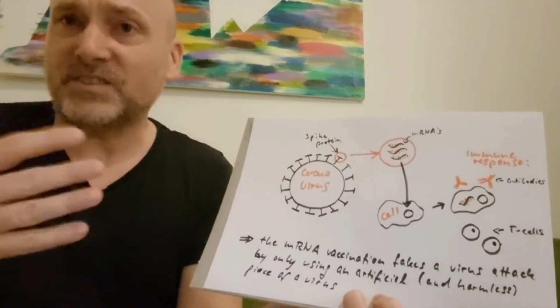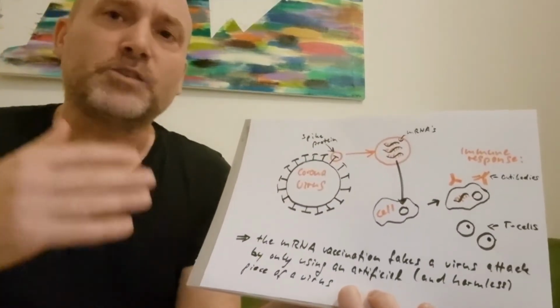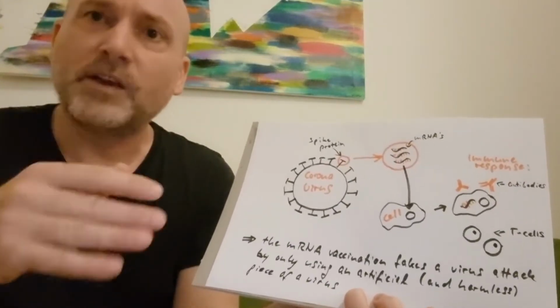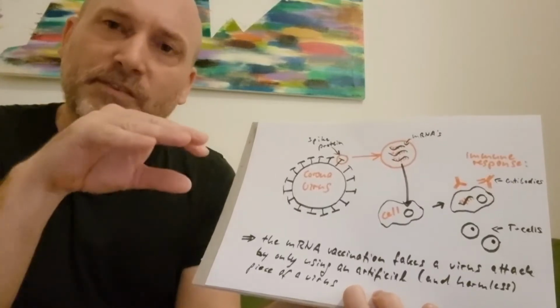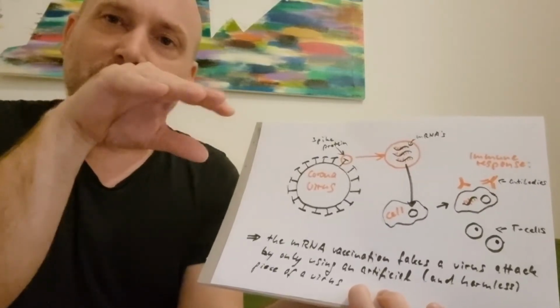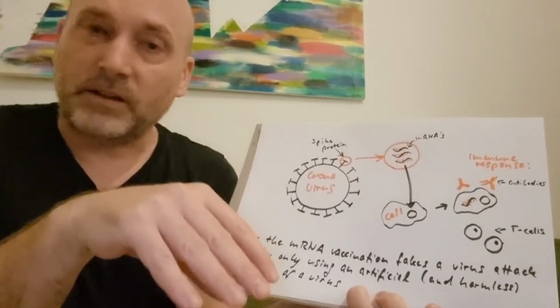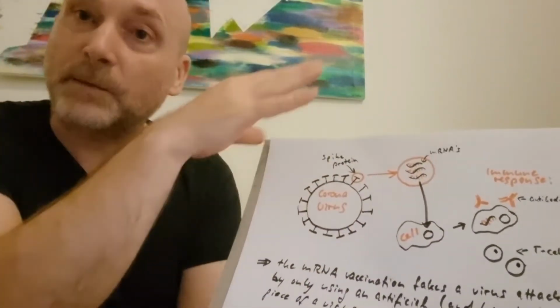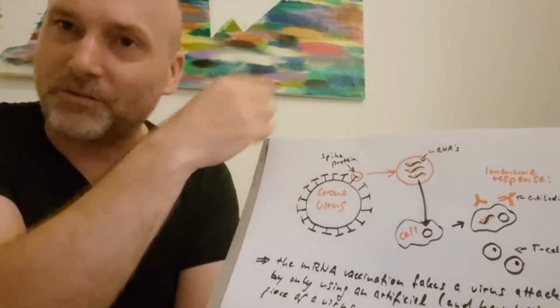That actually is a tricky process. It requires some special lipids, like a coating of lipids, which are fats, that allow this artificial mRNA to enter a regular cell.